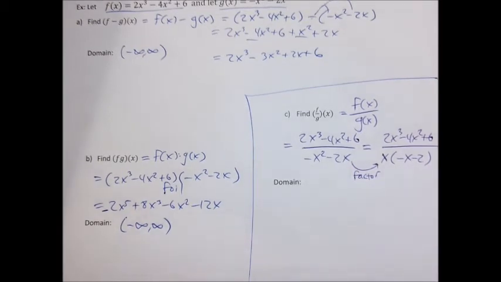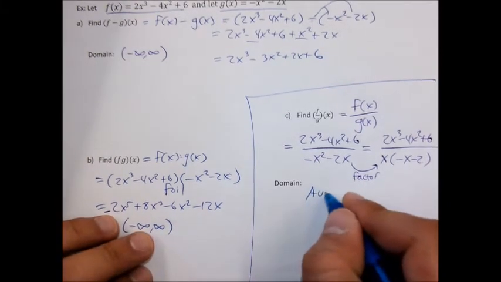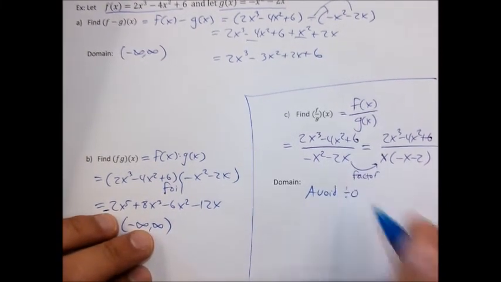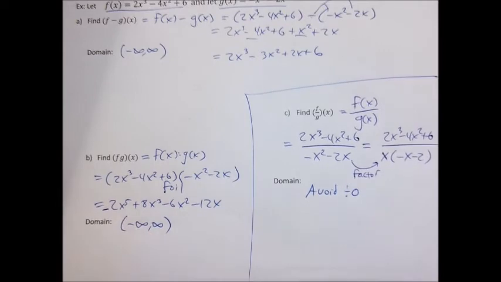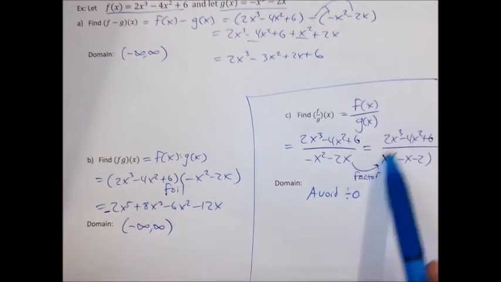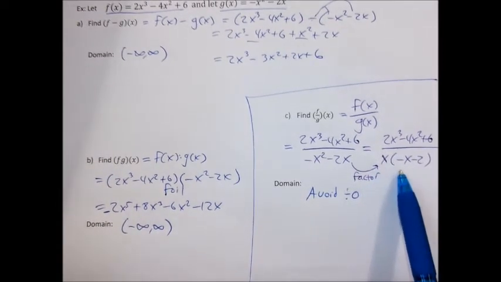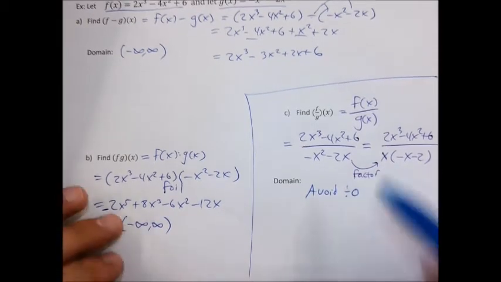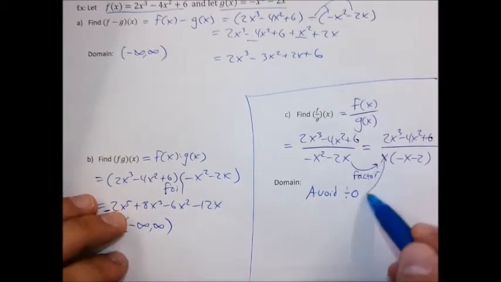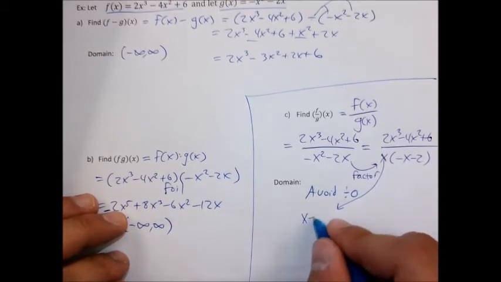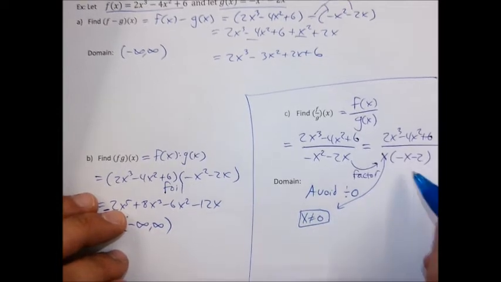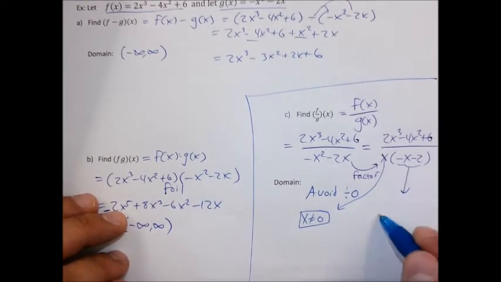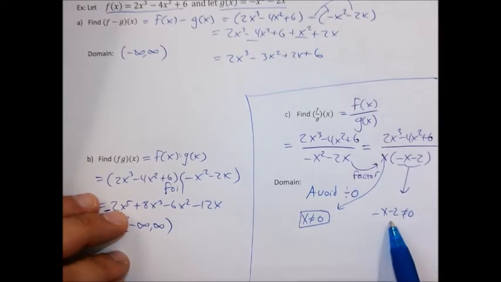And we want to avoid dividing by 0. And I know I said this before and we'll say it again, but if we want x times minus x minus 2, we want to see when that's 0, we set the individual factors equal to 0. So we take the x and we set that equal to 0, and that's one of them. And then we take the minus x minus 2, and we want to see when that's 0.